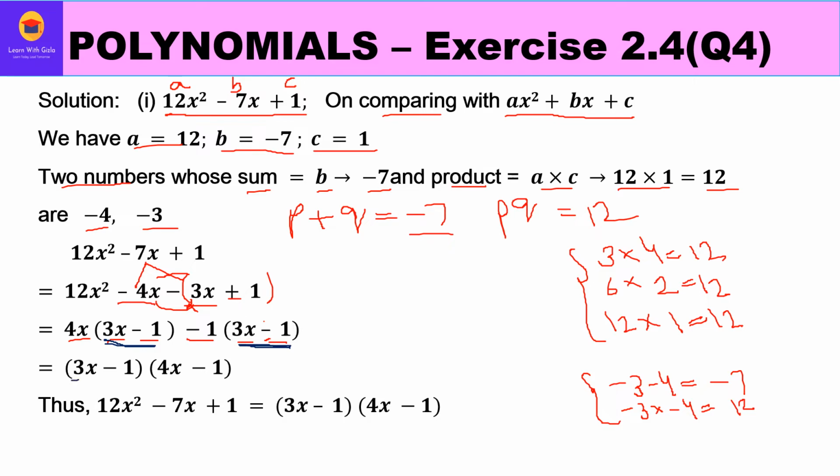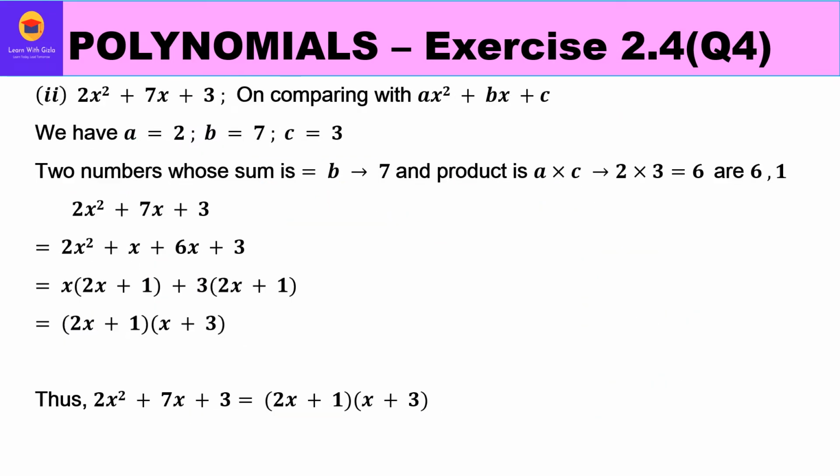So we can take 3x minus 1 common. So from here, these two products, we will get 4x inside the bracket, and from here we will get minus 1. So these are the two factors, 3x minus 1 and 4x minus 1. So this is how we have factorized our given polynomial by using splitting of the middle term method, right?